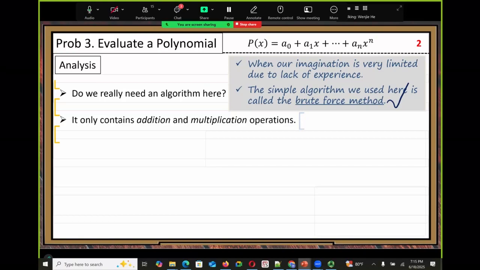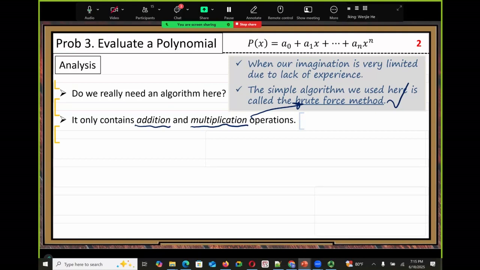So first we want to do the counting: count the number of additions and the number of multiplications in this brute force method. If we apply the brute force method, how many additions do we need?